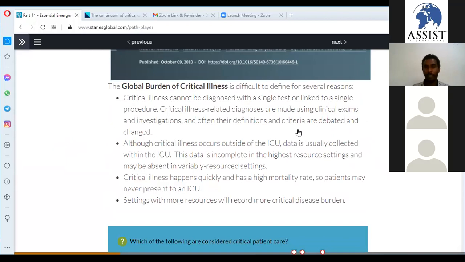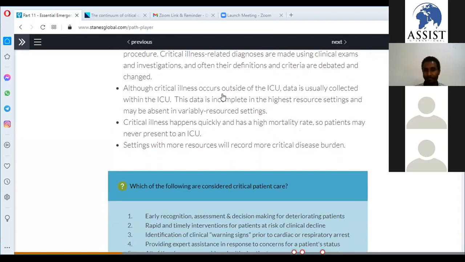It needs multiple investigations. Also, even though critical illness occurs in ICU or outside ICU, usually the data is collected from ICU, which limits our definition of critical illness.